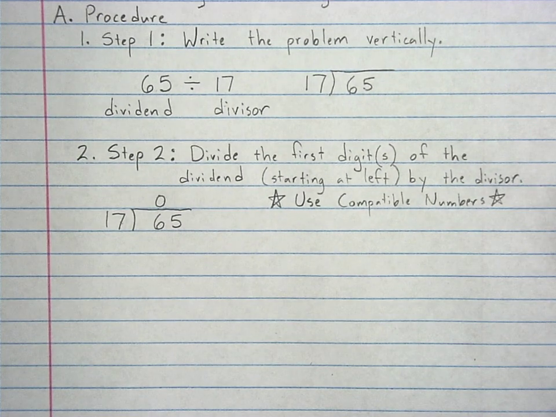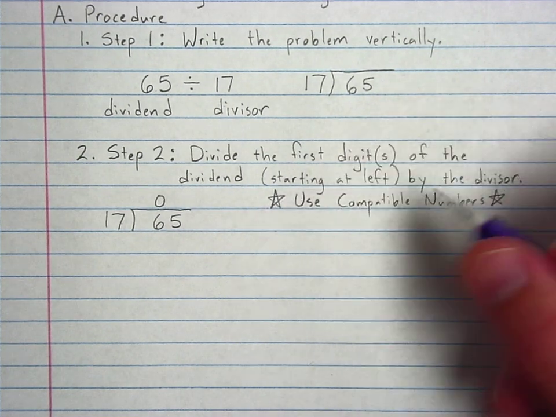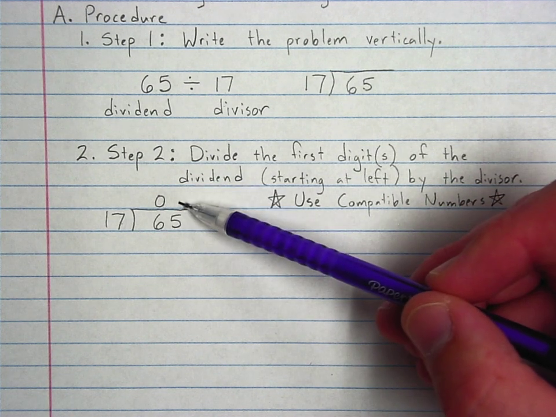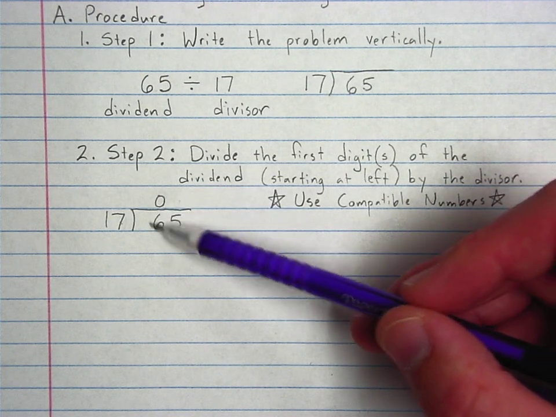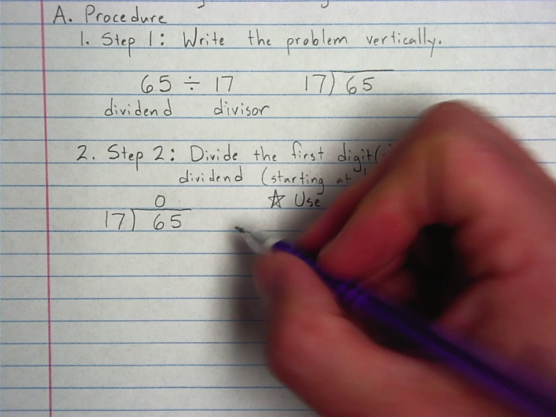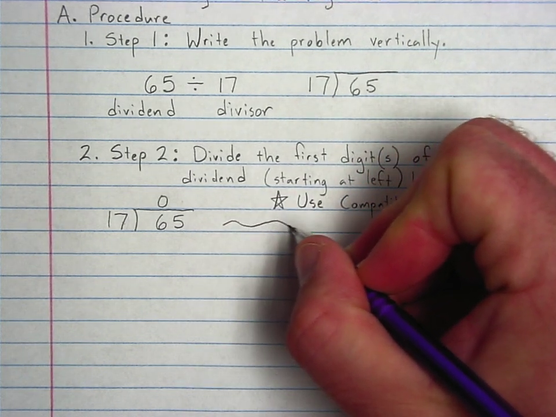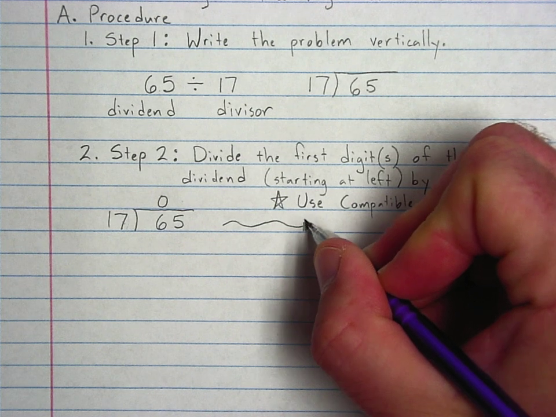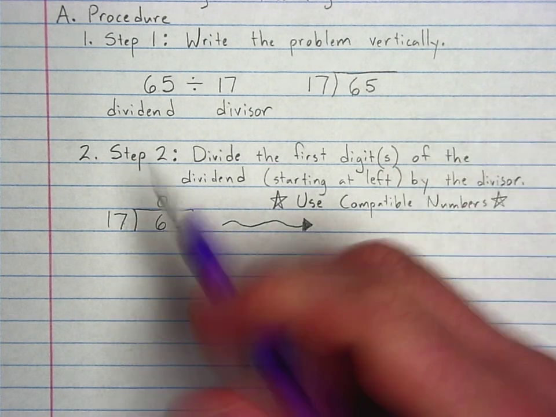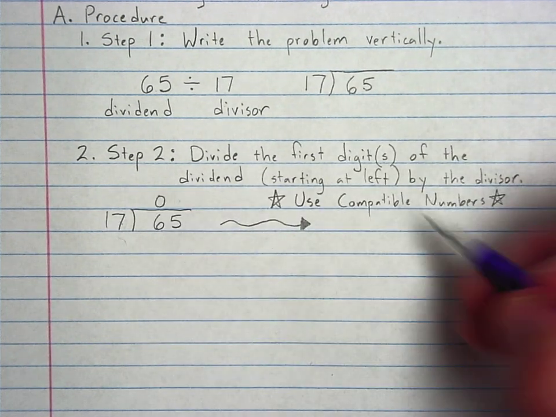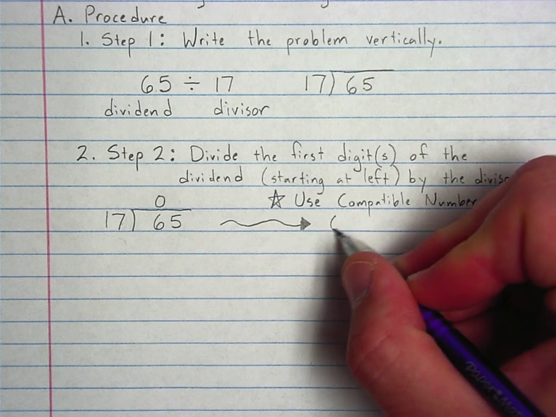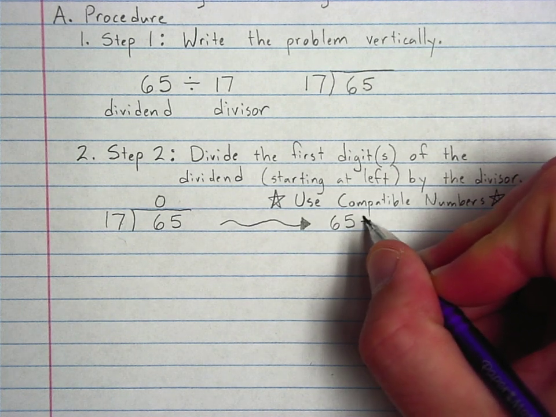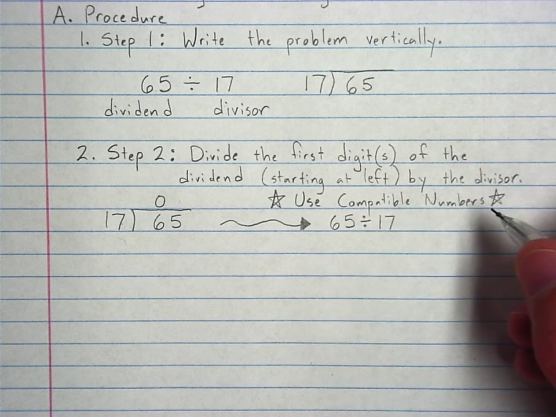That's kind of what we're going to do here. Before I go into this column, I'm looking at 65 divided by 17. Really, I could have just started this way, and that's what I was considering doing, but I wanted to show you, I think, what you're more familiar with. What you're going to do is think 65 divided by 17.